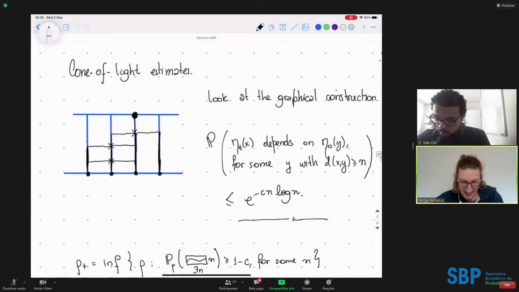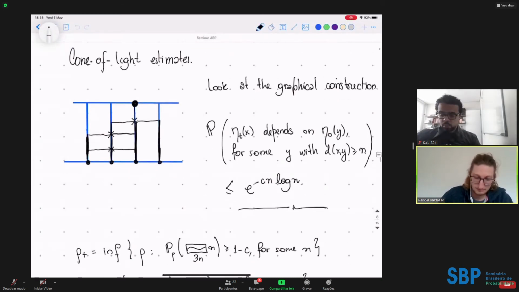And these correlation decays for the model at time t actually come from something called the cone of light estimates. So this is basically the biggest set we need to observe in order to determine the opinion of some vertex at time t. So we go back to the graphical construction that I introduced in the beginning.